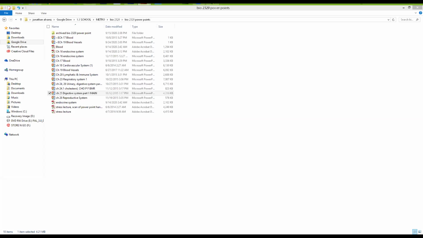Okay, so the digestive system is put into two groups. We have the alimentary canal and the accessory organs that go with it.